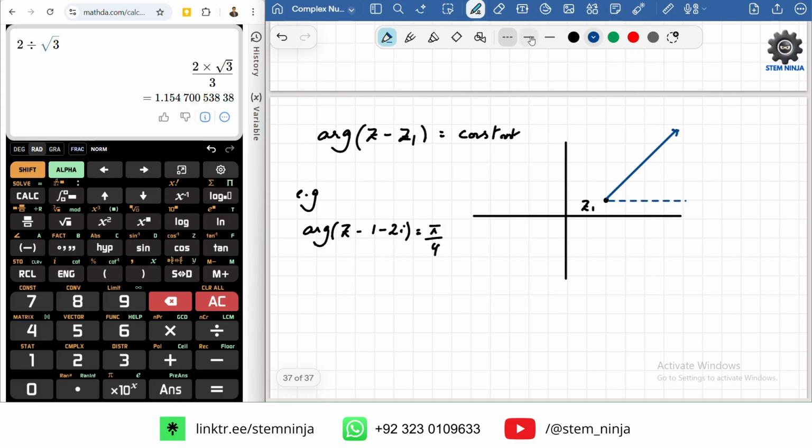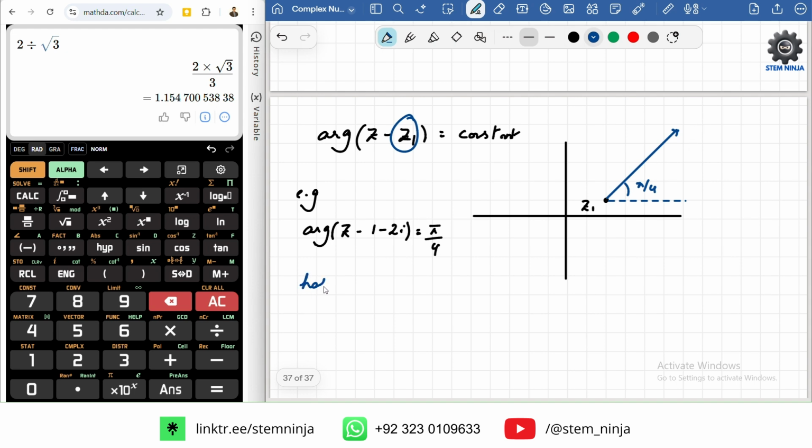So this is your pi by 4. Okay, so your line is originating from this particular z1, and it goes in this particular direction.